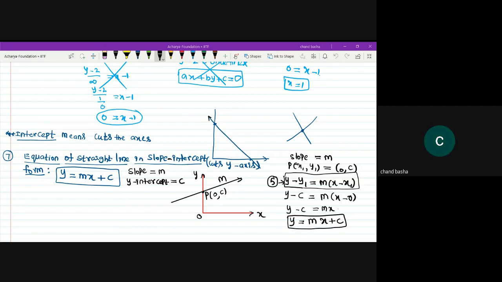Yes, same formula. y2 minus y1 by x2 minus x1 is the formula for finding the slope. In the 5th point, the inclination is given to you, so directly I can use m is equal to tan theta. Clear? Once you solve the problems again, you will understand clearly.